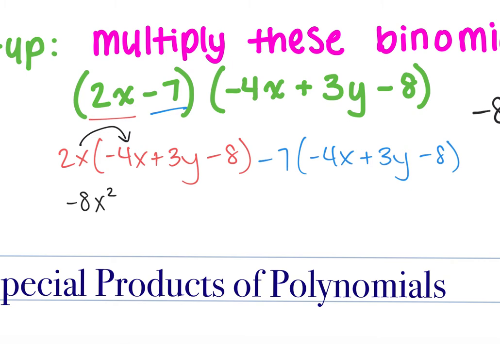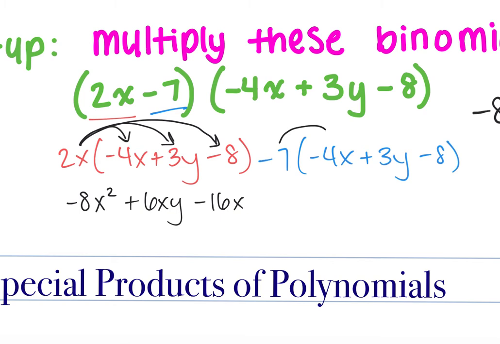Excellent. Negative 8x squared. What is 2x times 3y? It would be plus 6xy. Plus 6xy. We good? What is 2x times negative 8? Negative 16x.